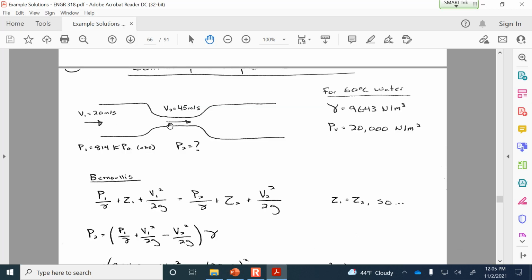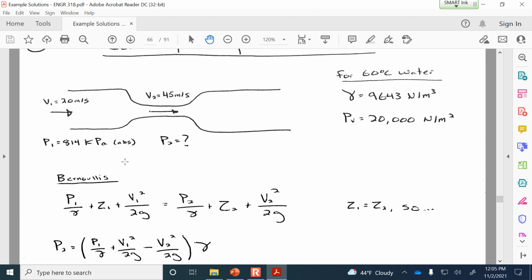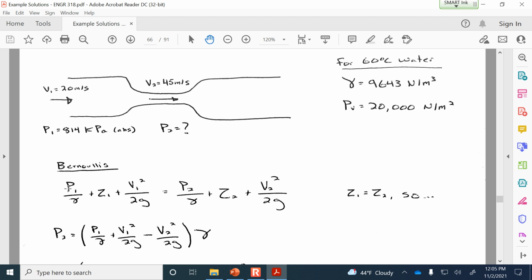All right, so it's horizontally oriented, which means Z1 equals Z2. So we can simplify the Bernoulli equation. You can see here I've written Bernoulli's equation in terms of pressure head, and I've rearranged it to solve for P2.